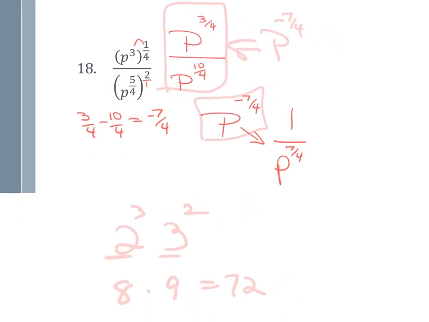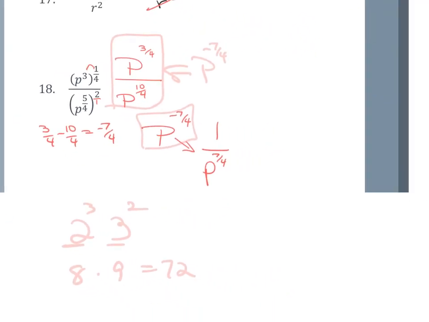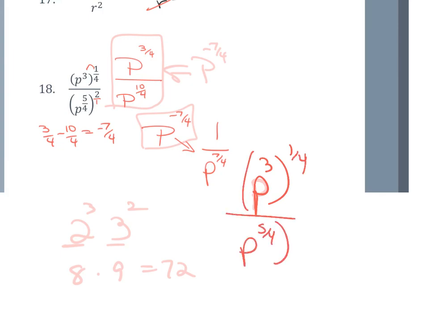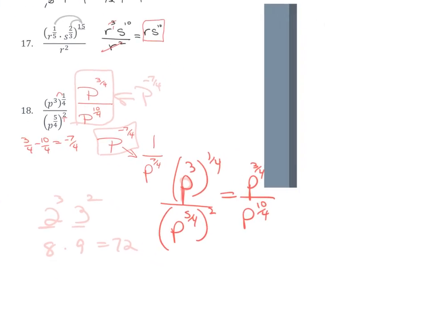All right, so let's start the problem over again. So we have P to the 3rd raised to the 1/4, and then P to the 5/4 squared. So the first thing I'm going to do is take care of the power to the power. So I'm going to make this P to the 3/4, because I multiply, and P to the 10/4. Now, just like when we multiply, the base stays the same. So I'm not getting P divided by P is 1.